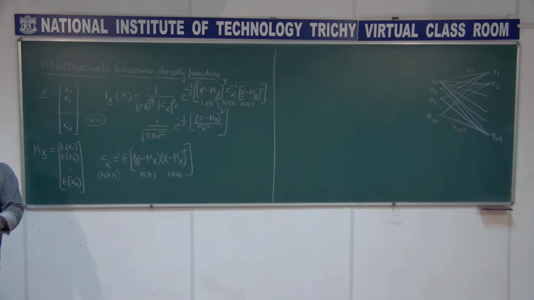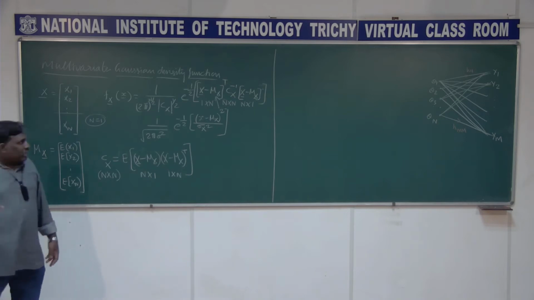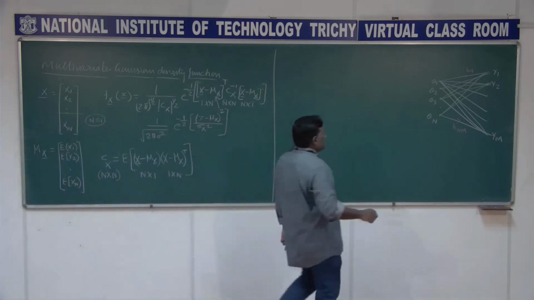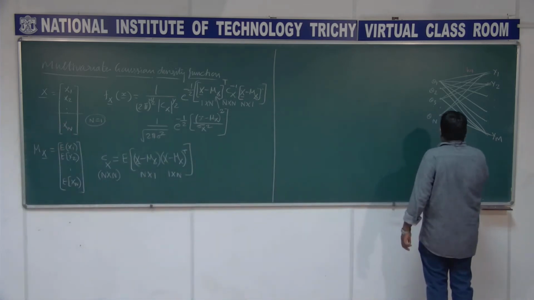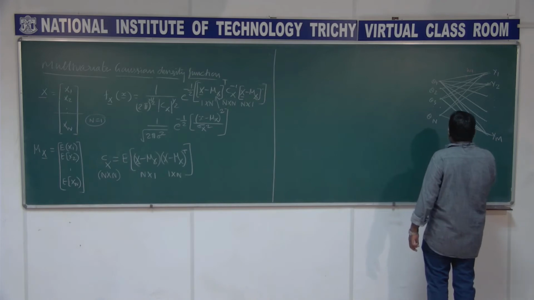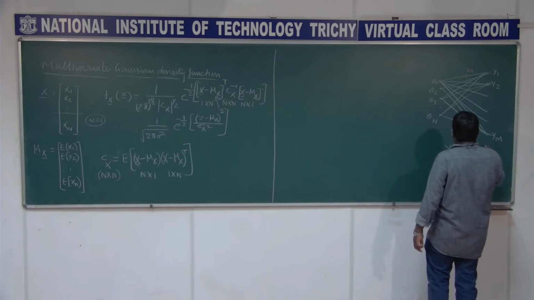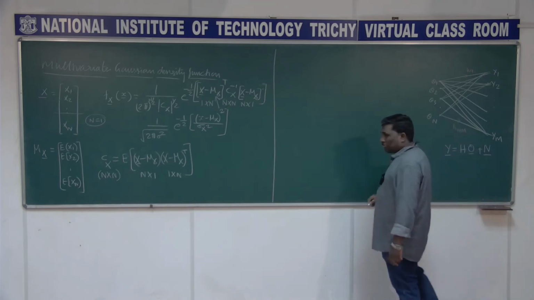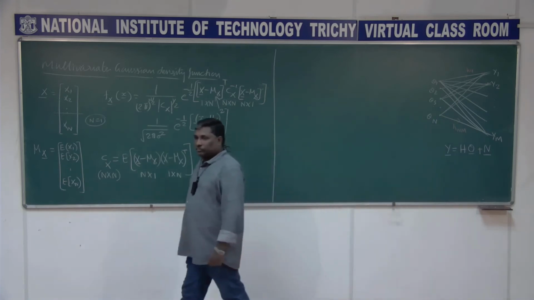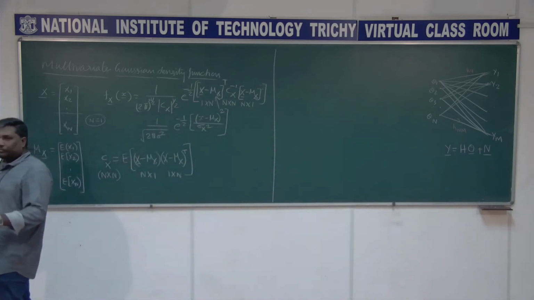So here in the receiver section, what we really get is not only y; that's an interesting point. You already know that it gets added with the noise also. Here the model is going to be y equal to H theta plus n, where n is the noise and H is the channel matrix. This is a simple model.